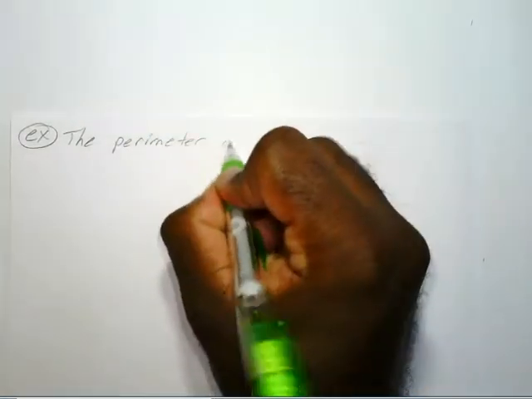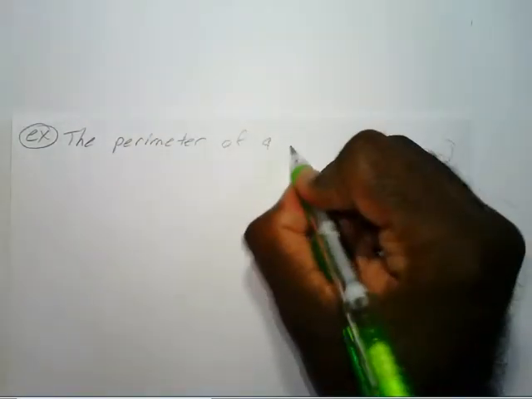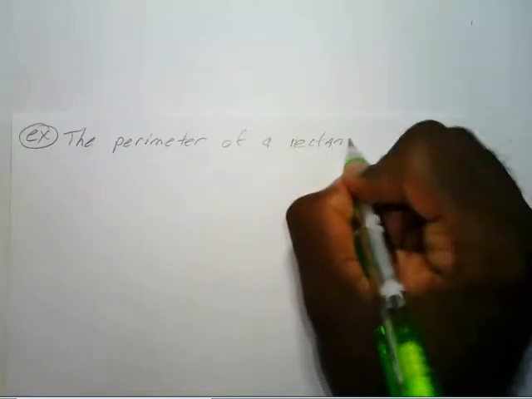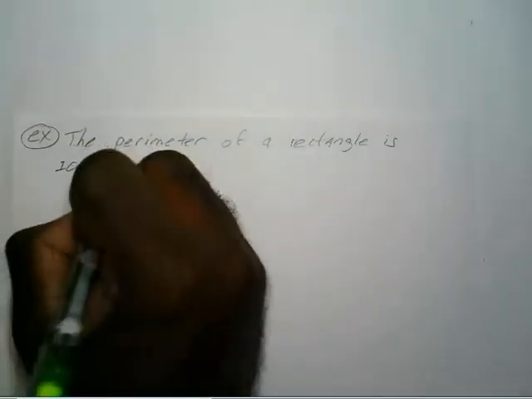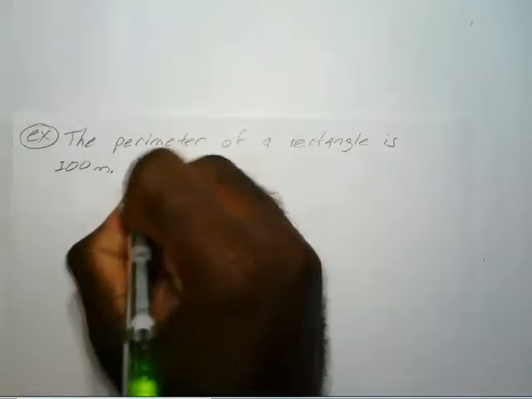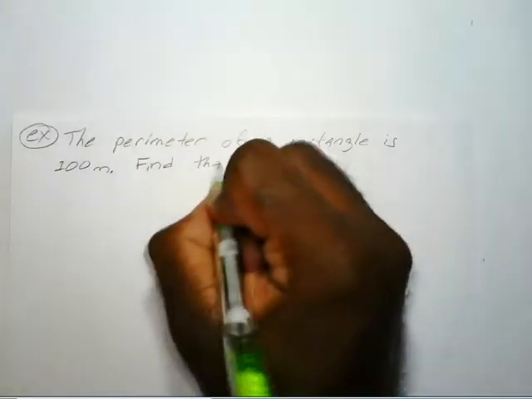All right, so let's say, for example, we know the perimeter of a rectangle is 100 meters. You want to find the maximum area.